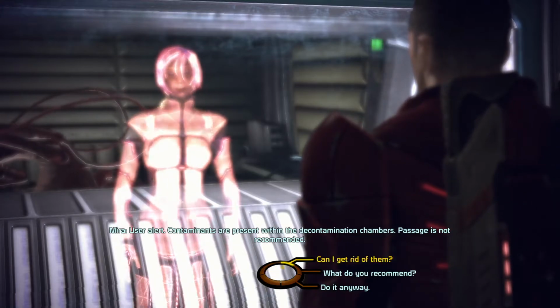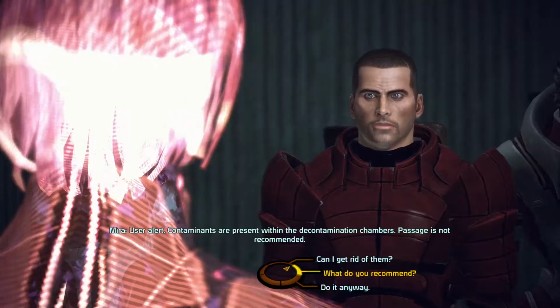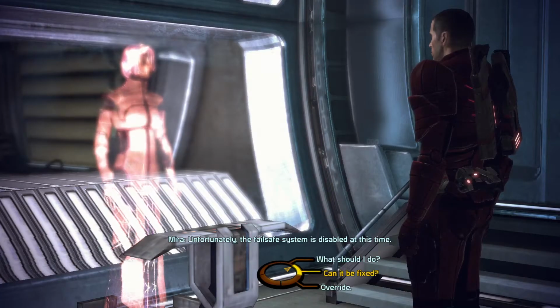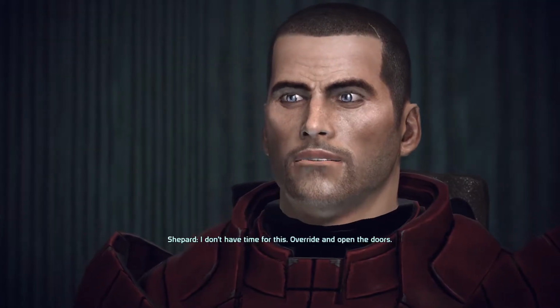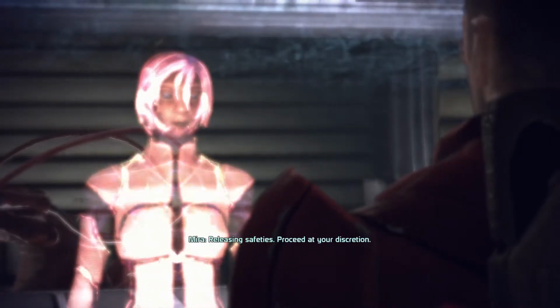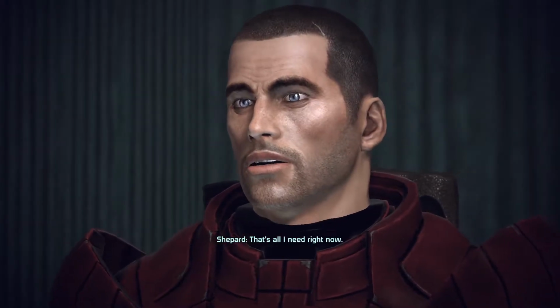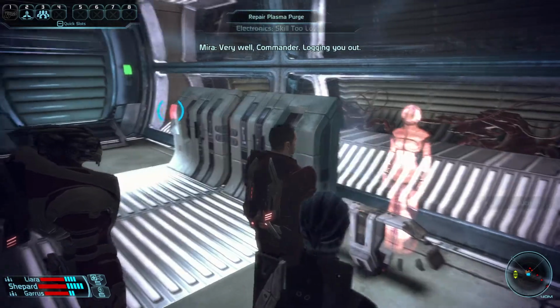Contaminants are present within the decontamination chambers. Passage is not recommended. How do I get rid of the contaminants? Unfortunately, the fail-safe system is disabled at this time. I don't have time for this. Override and open the doors. Very well, Commander. Releasing safeties. Proceed at your discretion. That's all I need right now. Very well, Commander. Logging you out.